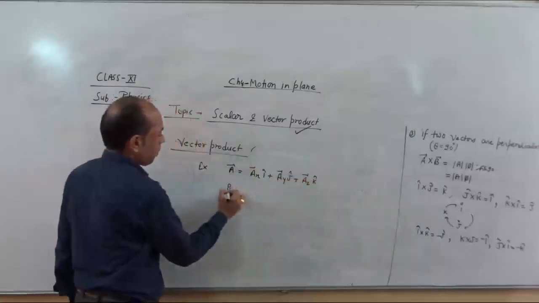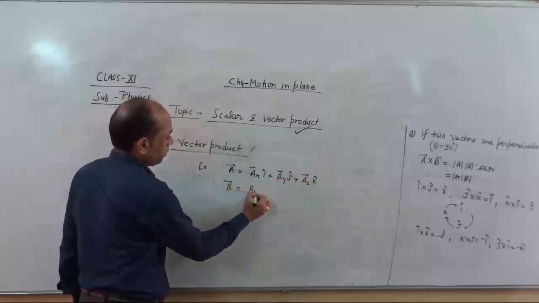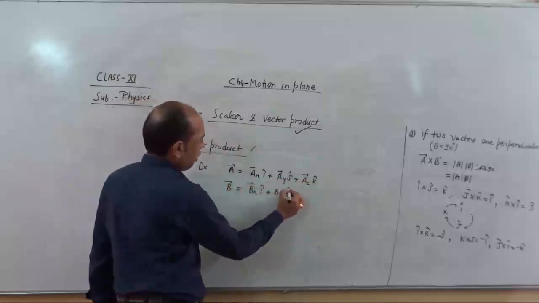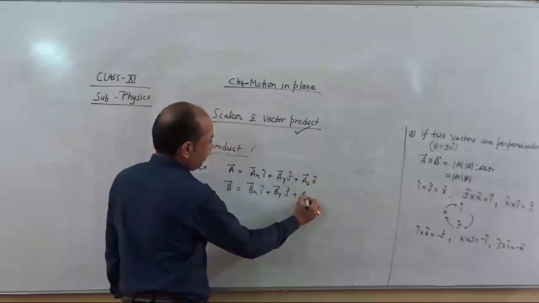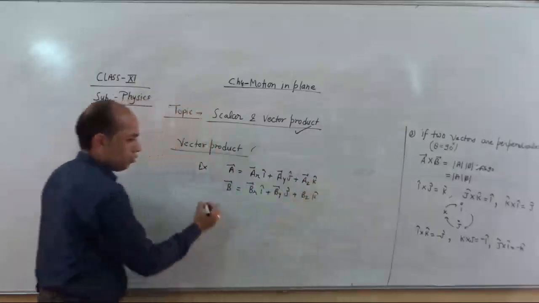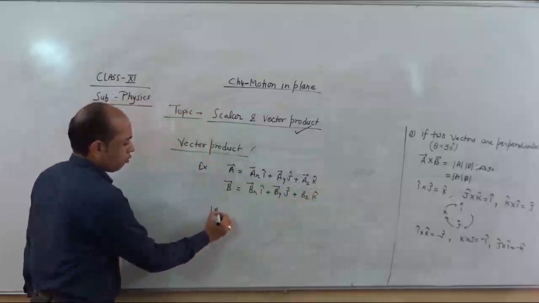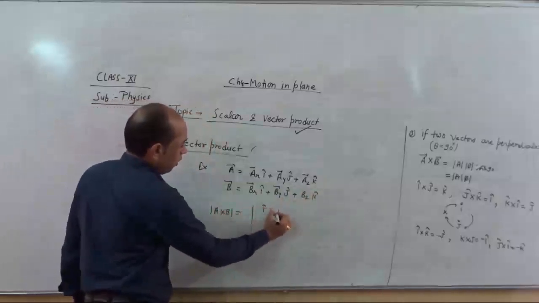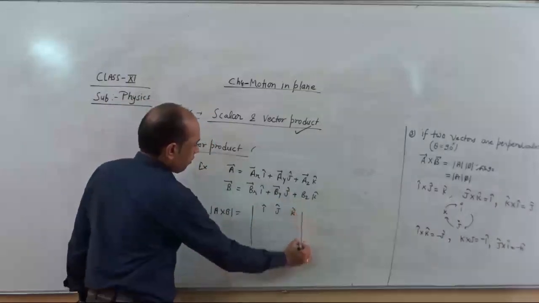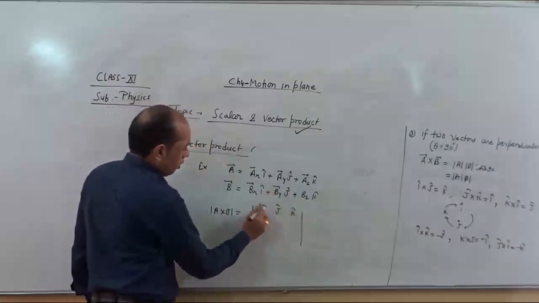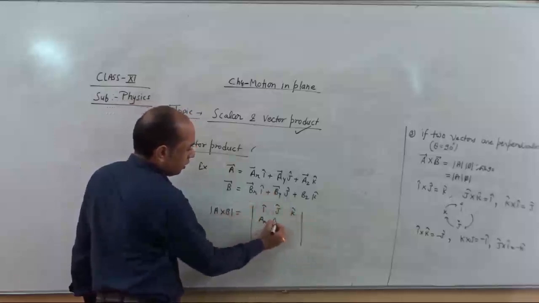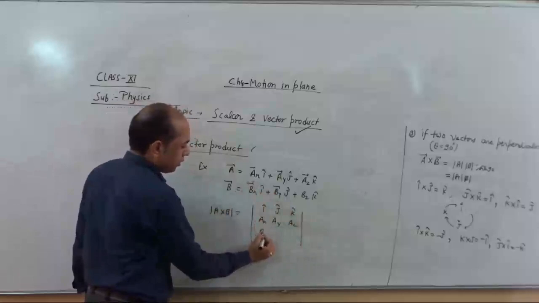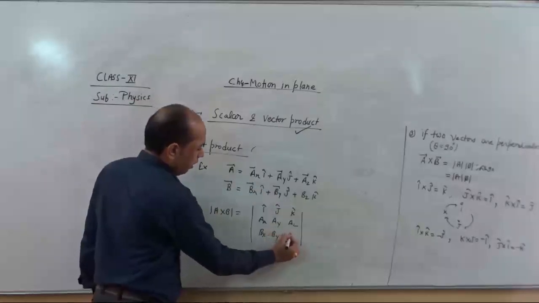Similarly B as Bx I cap, By J cap, and Bz K cap. So in order to take the product A cross B, we use I, J, K. First A is there, so Ax, Ay, Az. Then B is there, that means Bx, By and Bz.